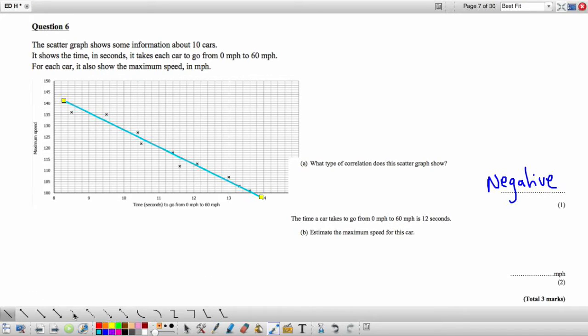We're then going to go to 12 on our x-axis here for the information given in the question, and then going across here, lining up.